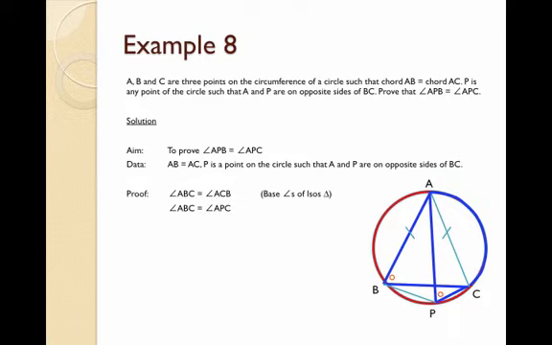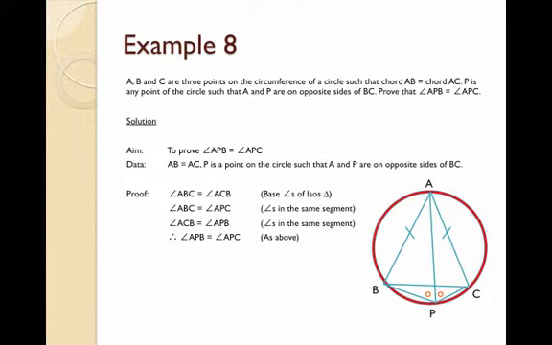We can now say that angle ABC equals angle APC because they are angles in the same segment. Similarly, we can say that angle ACB equals angle APB for the same reason. Therefore, angle APB equals angle APC as shown above.